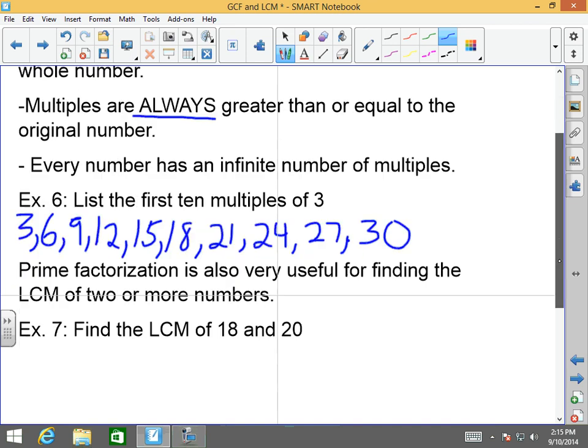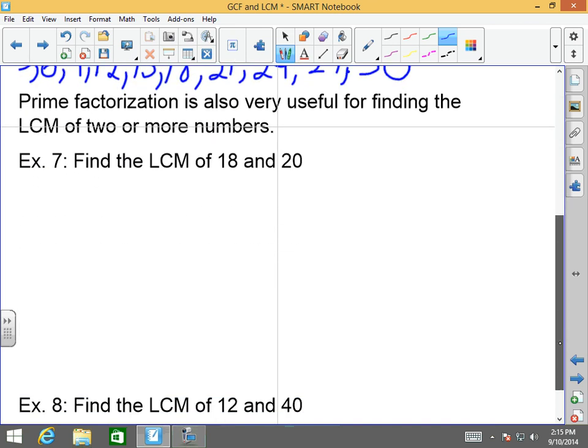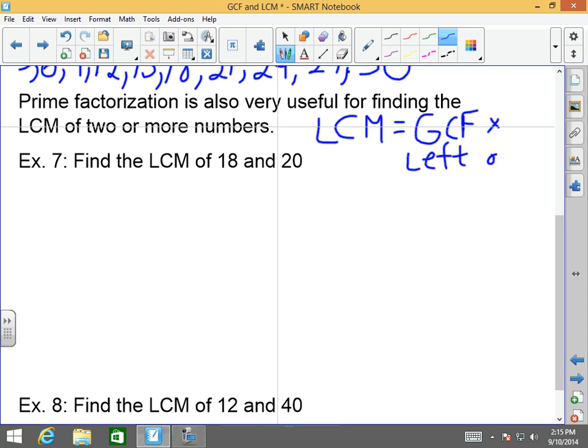Now, you can also use prime factorization for finding the LCM of 2 or more numbers. And let me give you the formula for it right now. LCM equals the GCF times the leftover prime numbers.